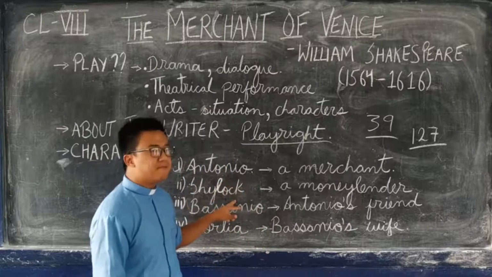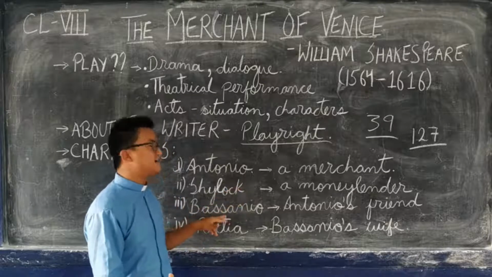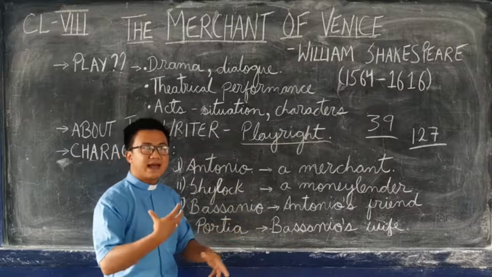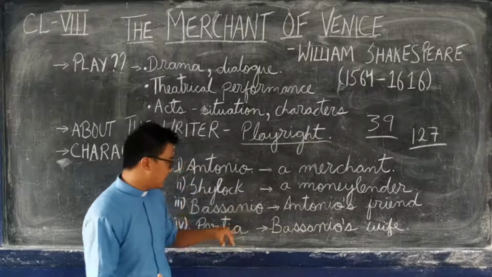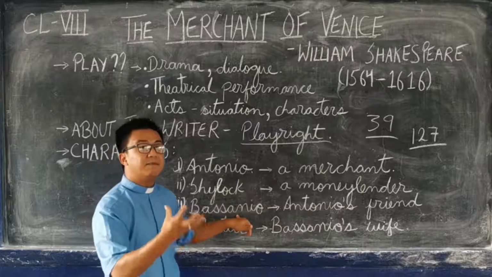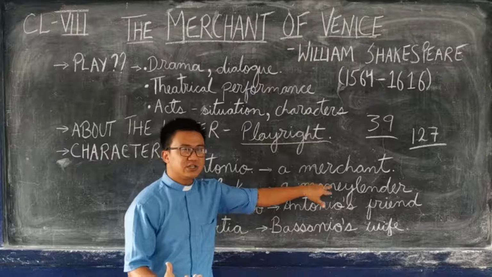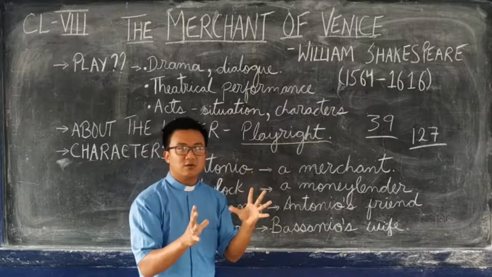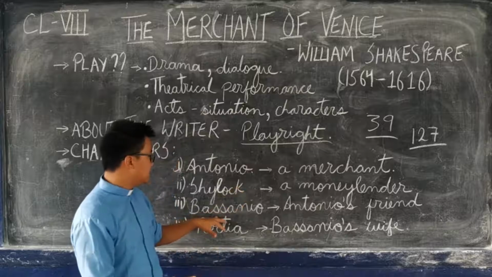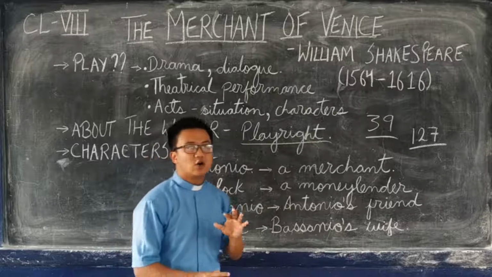He borrowed the money not for himself, but for his friend Bassanio, who is going to marry a very rich woman, Portia, and for the marriage ceremony he needed a big amount. Though Antonio was a merchant, at that particular moment he also did not have such a big amount. So on his behalf, Antonio borrowed some money from Shylock.